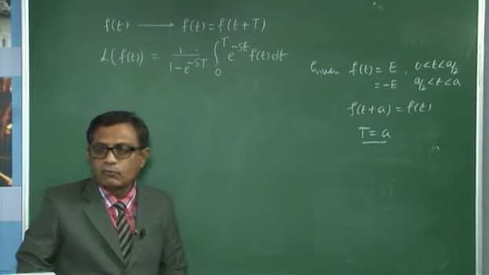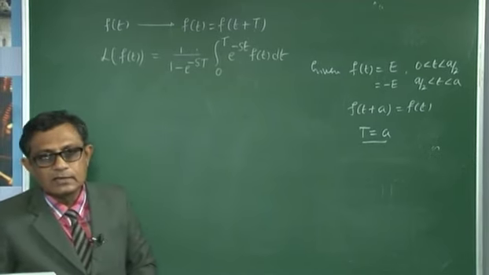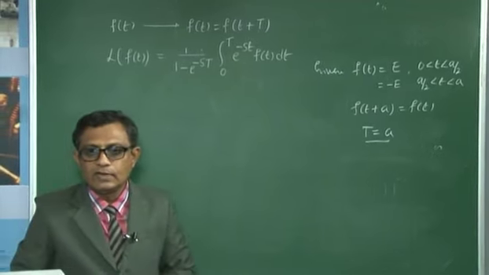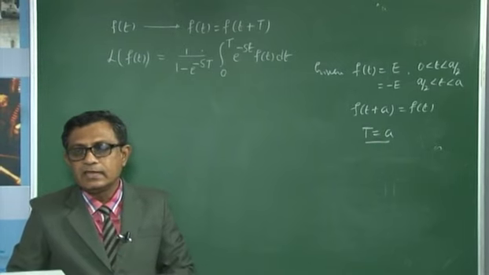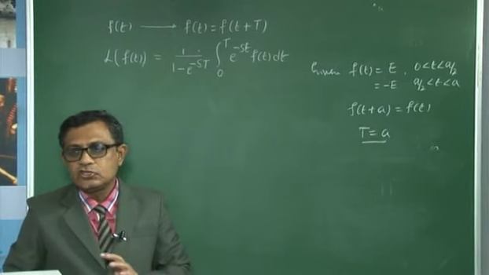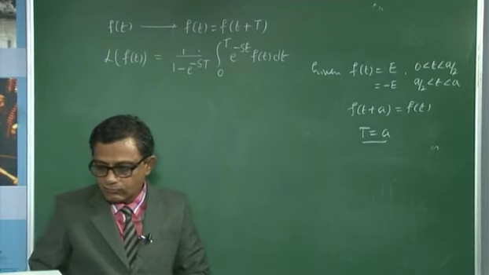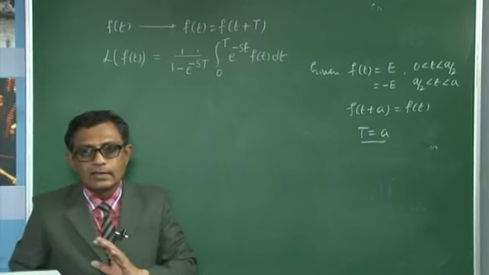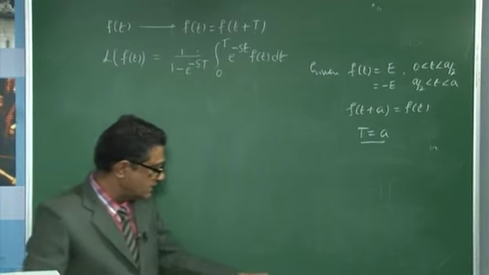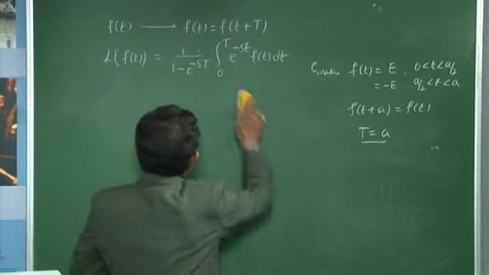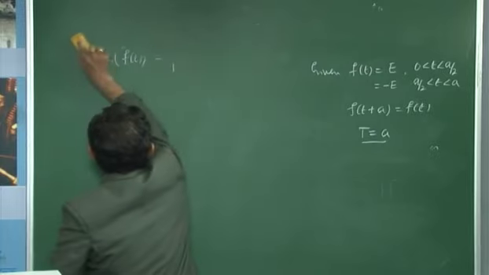You will get the required result. What is given? L of f of t is E by s tanh of a s by 4. We will get the required Laplace transform. Yes.